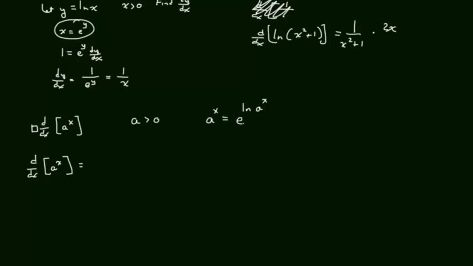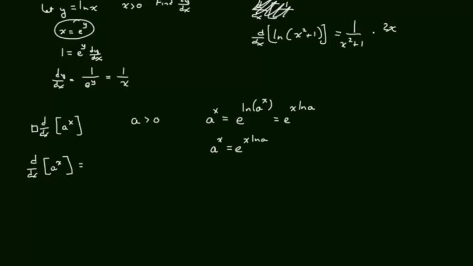See, the e and the natural log are inverses of each other, so a to the x equals e to the natural log of a to the x. But we can also use another property of logs and say this is x times natural log of a.